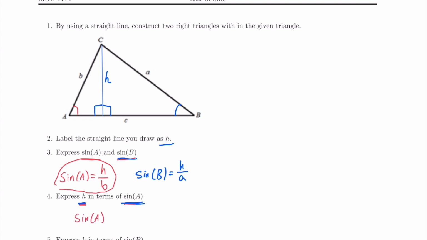So I have sine of A equals H over B. I want to isolate H by multiplying both sides by B. If I multiply both sides by B, then I get B times sine of A equals H, or we can just say H equals B times sine of angle A. So we have this so far.